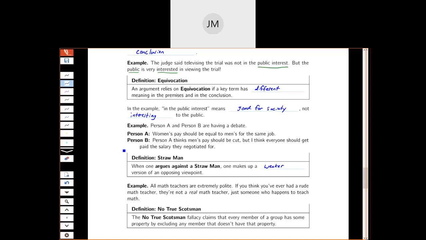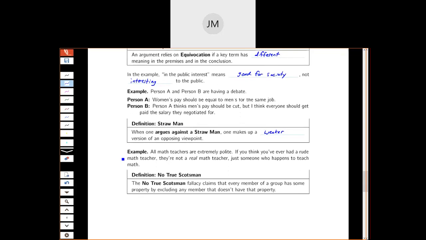If I'm opposing a group, or I want to say maybe this candidate is bad, I talk about what that candidate believes in, and it's usually not the same as when they say what they believe in. This idea of a straw man: when we want to argue against an idea, instead of arguing against it as it is, we weaken it somehow. And that's bad reasoning.